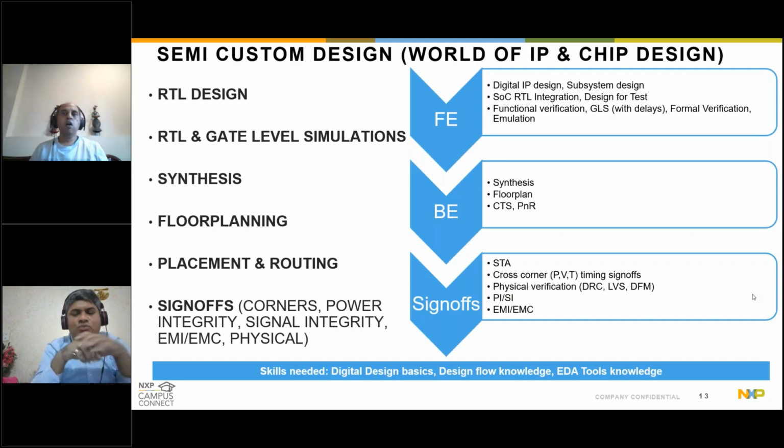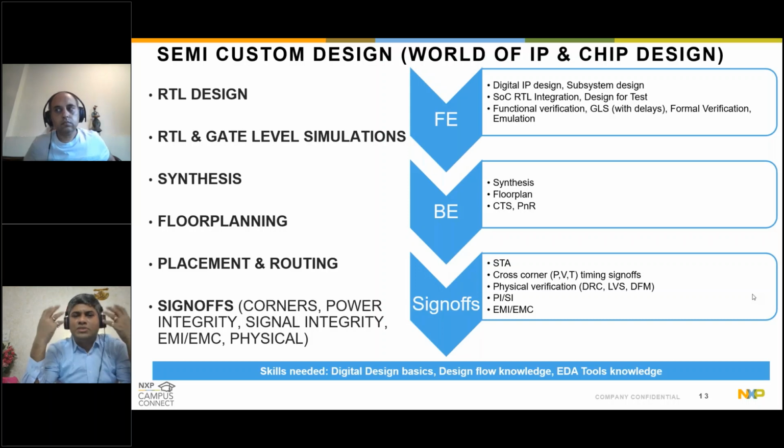Right? So that's where EMI and EMC come into place. All these sign-offs we have to do before we say my chip is ready for tape out. I am confident that my design will not only work once, but will work every time, whether you fabricate in a slow corner or fast corner, whether there are interferences or not.